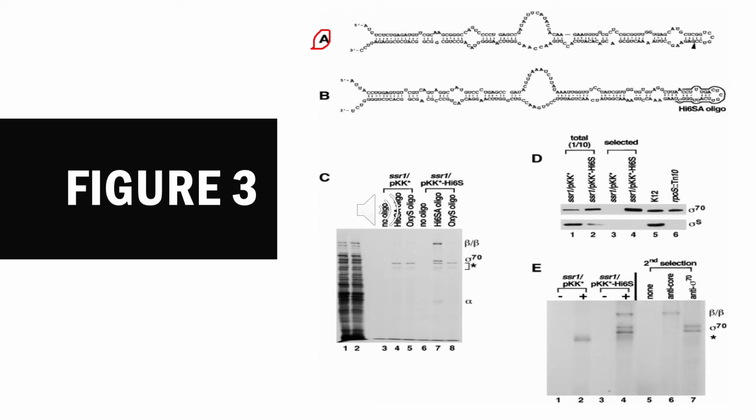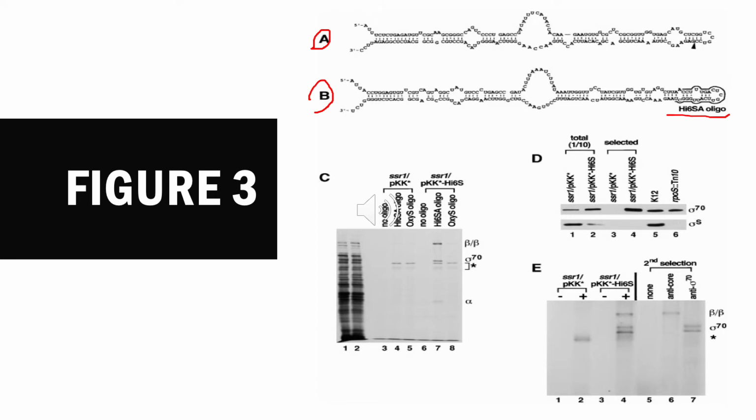Okay, moving right along, now the researchers have identified there's an interaction with the holoenzyme RNA polymerase, not the core. Now they want to see if that 6S RNA is present in purified RNA polymerase. In figure 3A, we've got the predictive secondary structure of 6S RNA, which I've already shared with you.